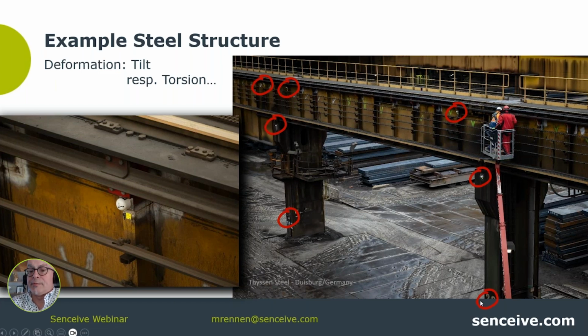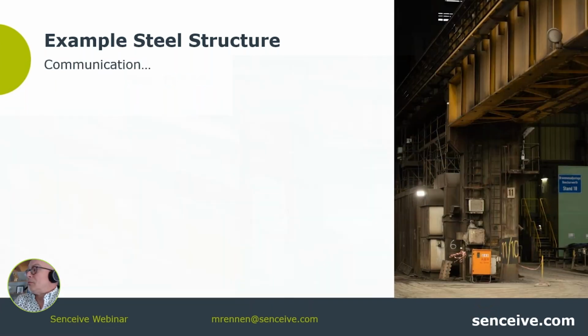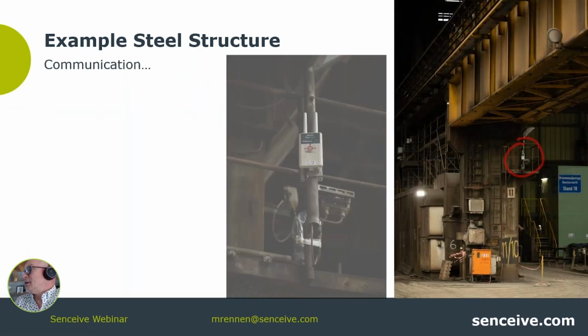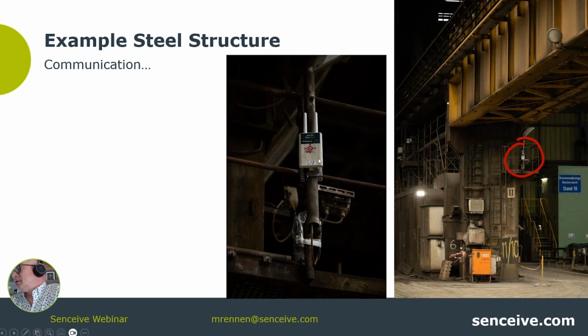Everywhere. The data of all these nodes is then gathered by gateways with a mobile phone SIM card in there, transmitting all the data, in that case in a 2-second data interval, onto a server platform, where this data will then be combined with the crane positioning system.